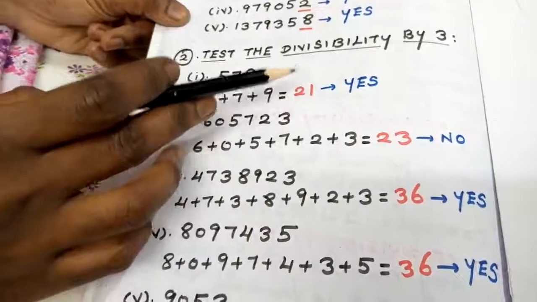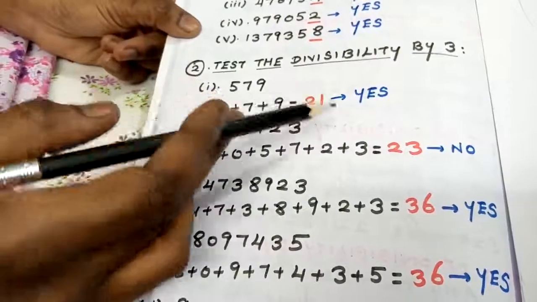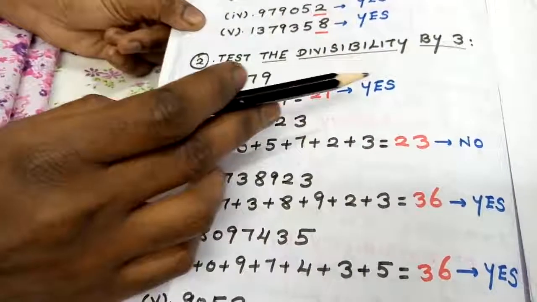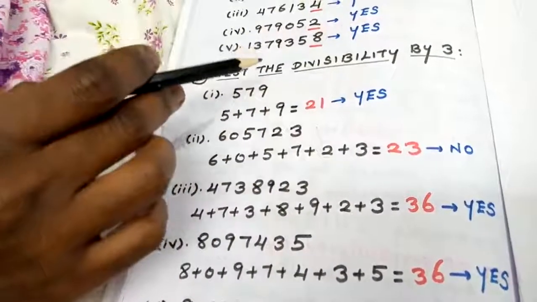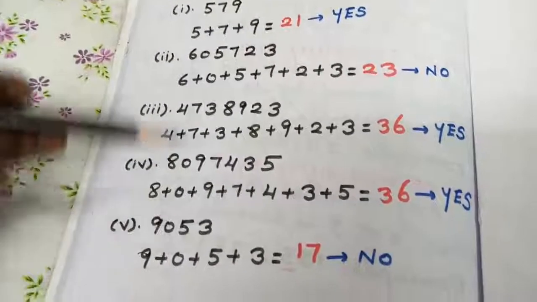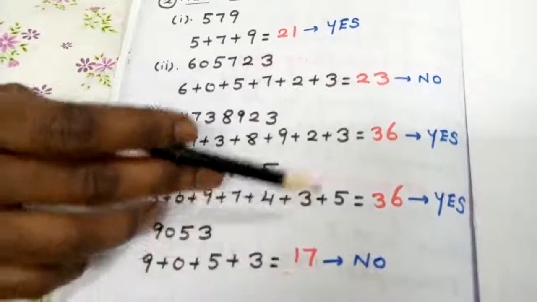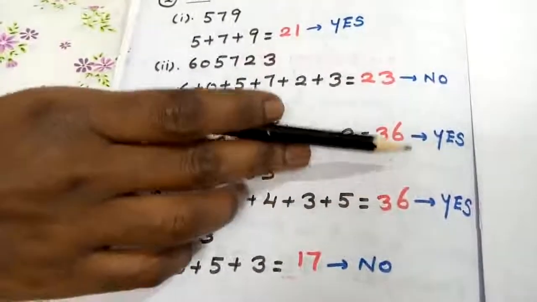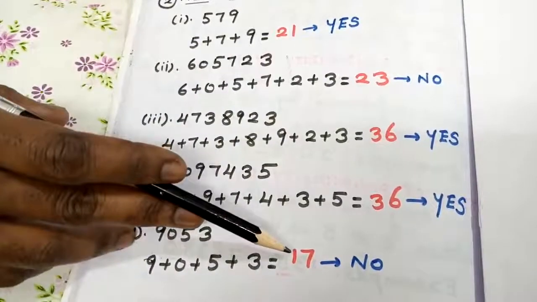You check whether this 21 is divisible by 3. 7 3s are 21, so definitely it is divisible by 3. So yes, the test of divisibility is true for 3. Similarly, for the remaining, I am finding the answers as 23, 36 and 17. 36 is divisible by 3, yes, and the remaining 23 and 17 are not divisible by 3.